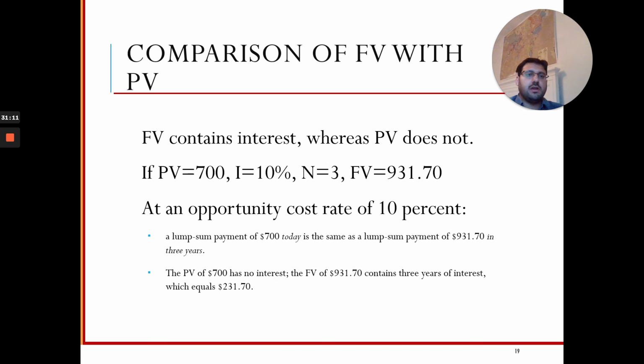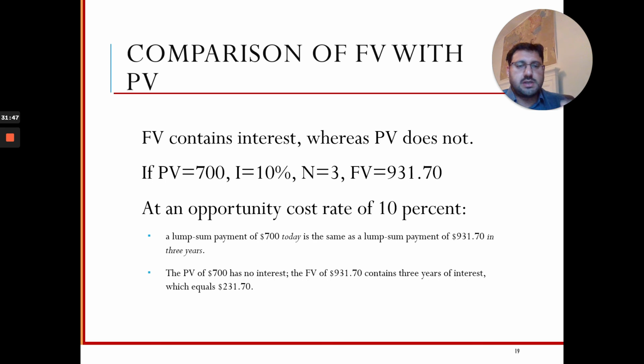Suppose a person tells you there are two alternatives: it's easier to say you won a prize, and in that prize you are getting 700 either today or 931.7 after 3 years, and the bank is offering you the 10% interest rate over the next 3 years, right?